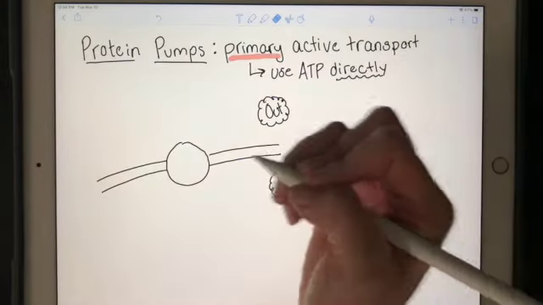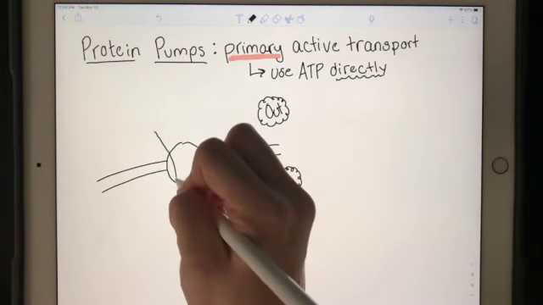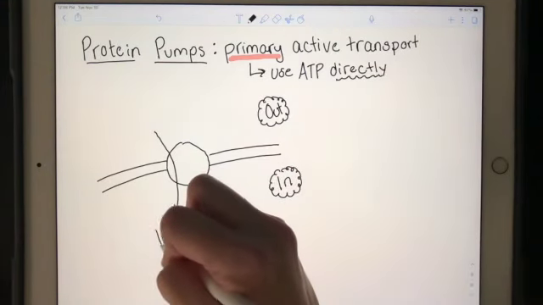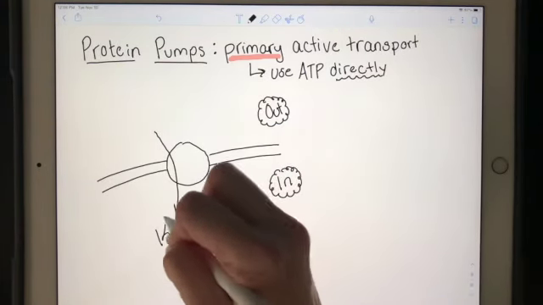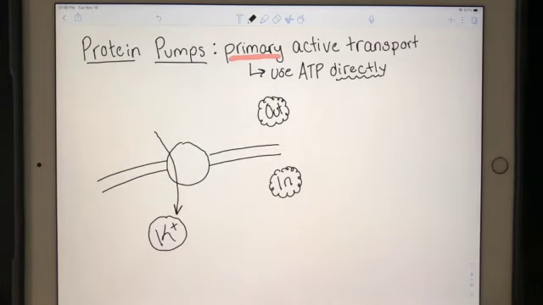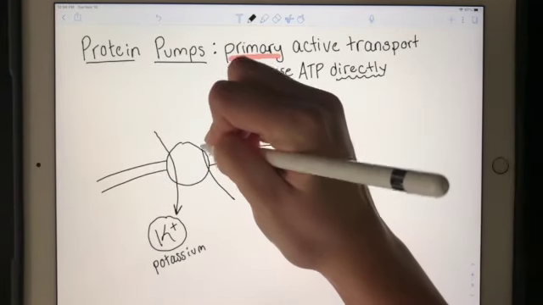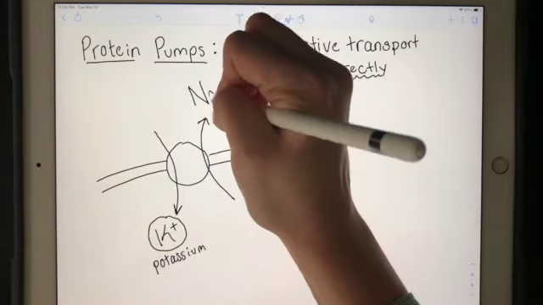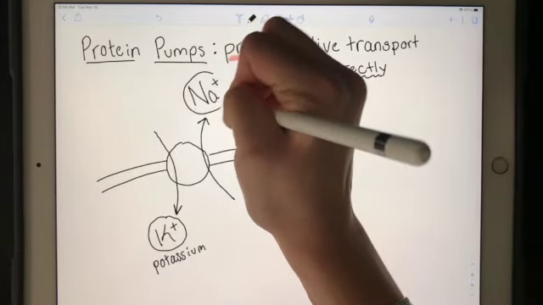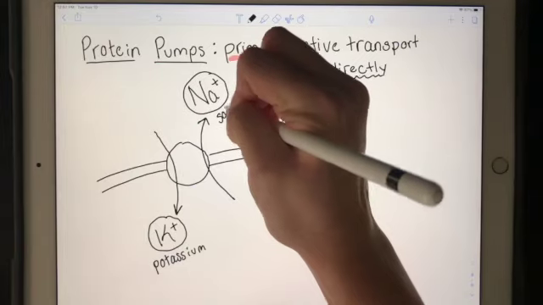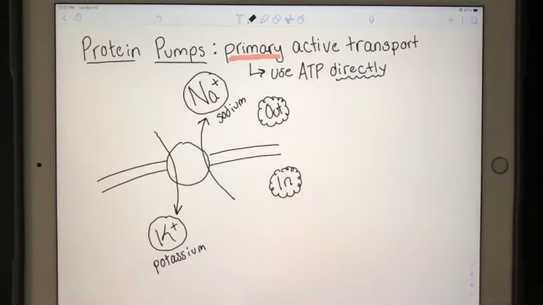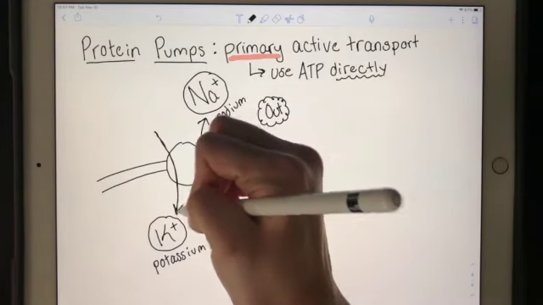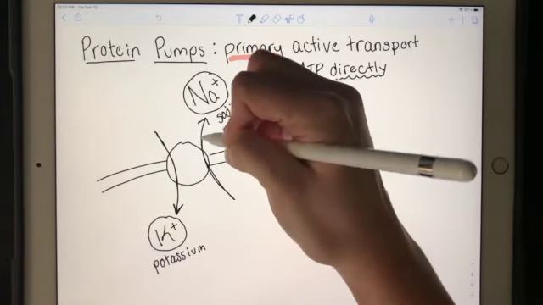And so what this protein pump is going to do is pull in potassium ions, so K+, and it's going to push out sodium ions. Remember, sodium is Na+.